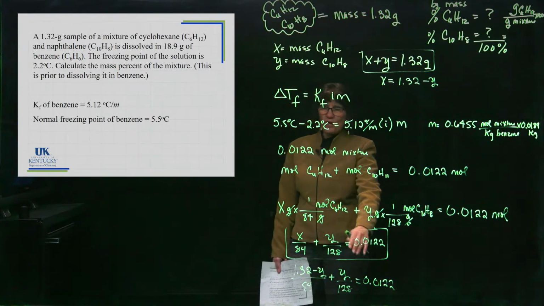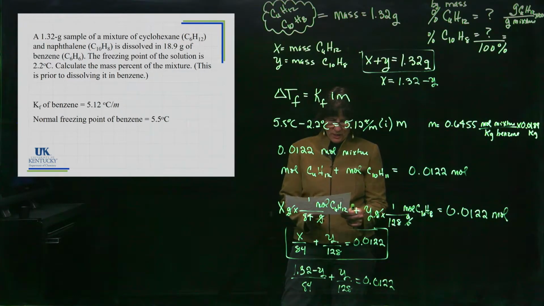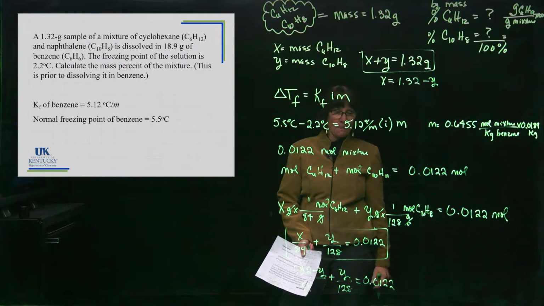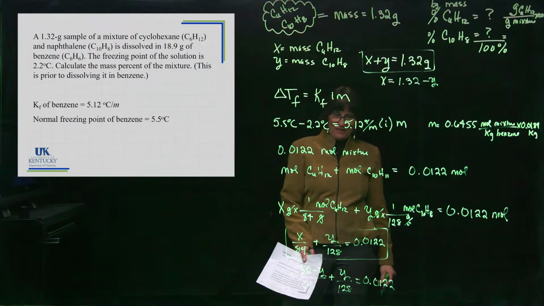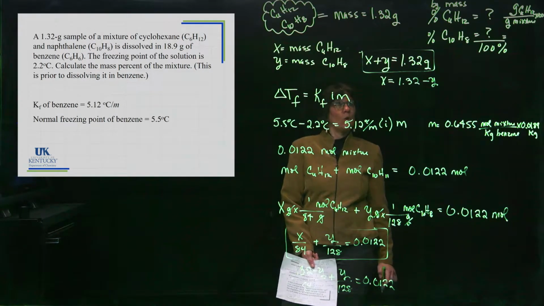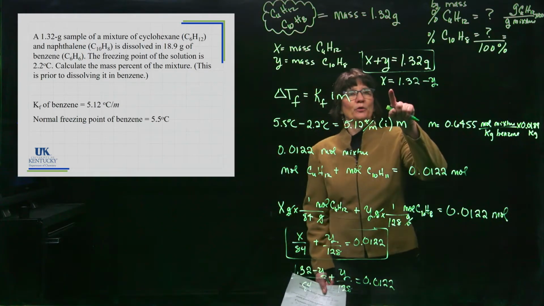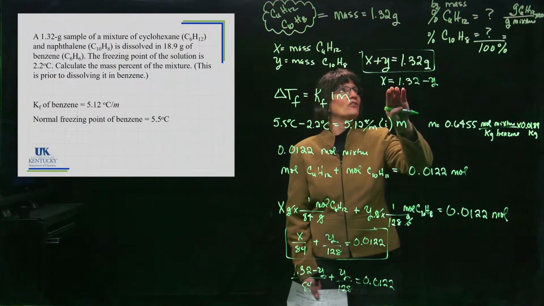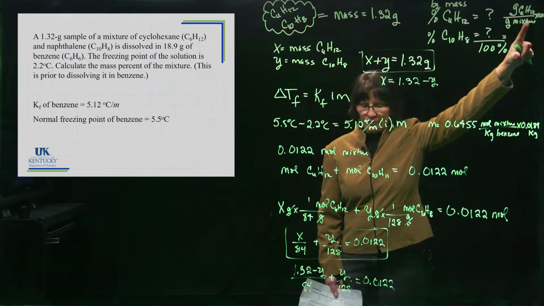Now I have one equation with one unknown, and you just have to solve for Y. You could stop and see if you can solve for Y. Once you solve for Y, you could plug it in here and get X. Once you have Y and you have X, then you are going to be able to get the percents.